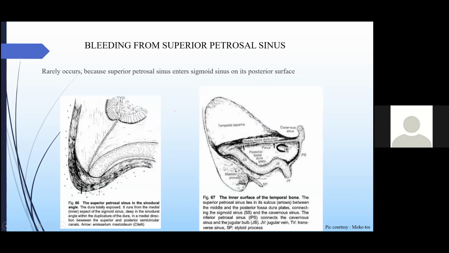Last will be the bleeding from the superior petrosal sinus. It is rare, because the superior petrosal sinus anatomy is not very superficial. It is on the medial or the posterior aspect of the sigmoid sinus. So unless there is aggressive disease in the sinodural angle eroding the bony plates, the superior petrosal sinus is not exposed, and it doesn't cause any bleeding.